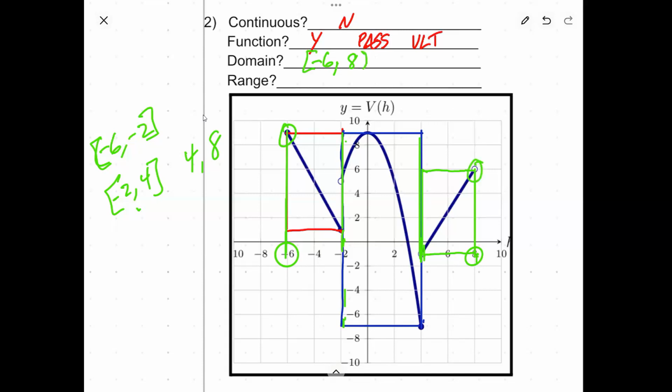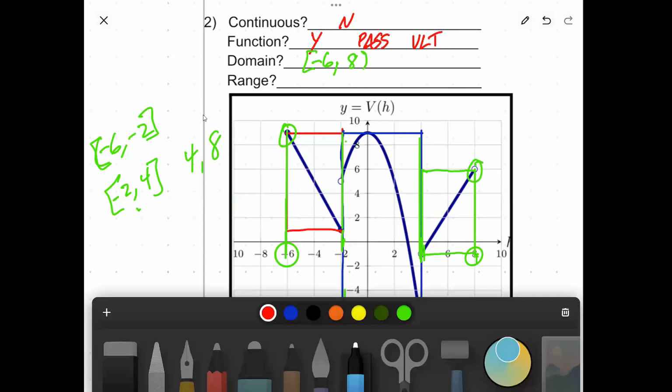Now, the key is there is no number between -6 and 8 that I cannot get to. So for any number between -6 and 8, let's say I wanted to find out what's the output for this one, I would say, well, at -2, the output would be 1.